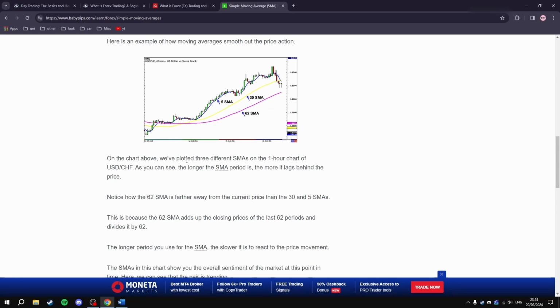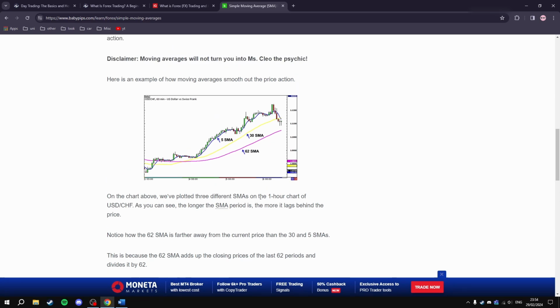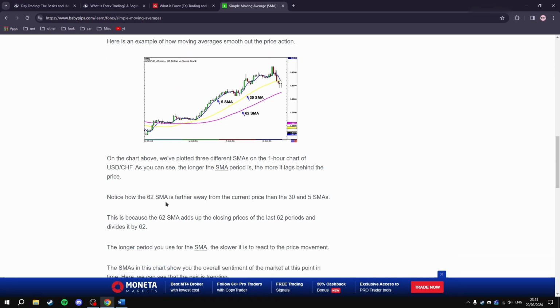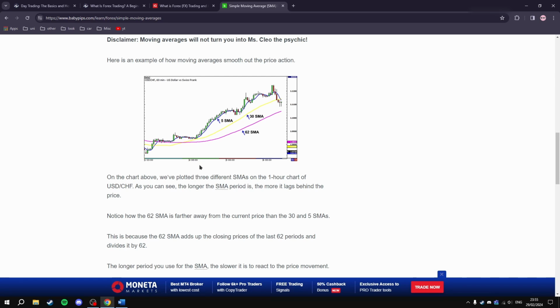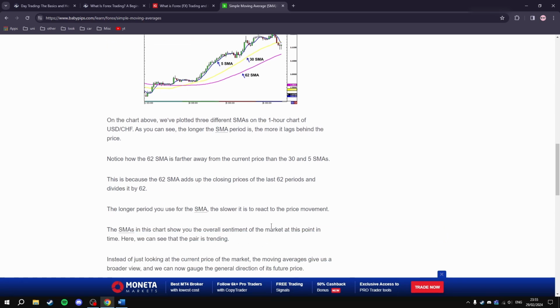On the chart above, we plotted 3 different simple moving averages on the 1-hour chart of USD/CHF. As you can see, the longer the simple moving average is, the more it lags behind the price. Notice how the 62 simple moving average is farther away from the current price than the 30 and 5 simple moving averages. This is because the 62 simple moving average adds up the closing prices of the last 62 periods and divides by 62.